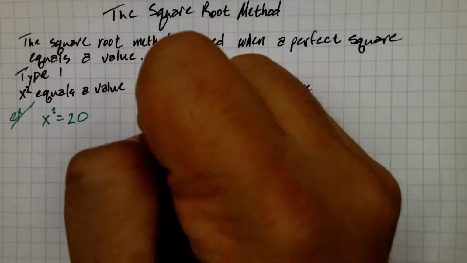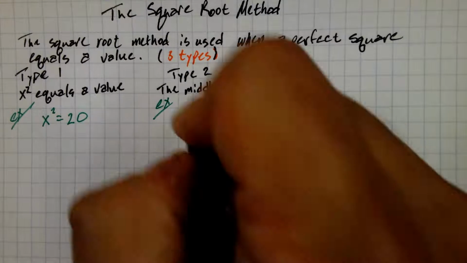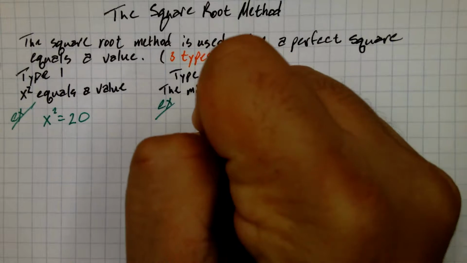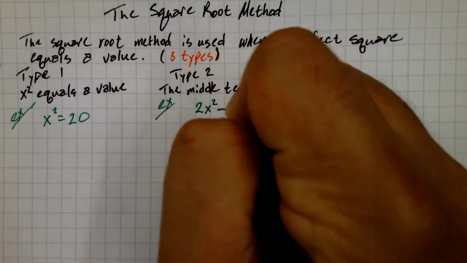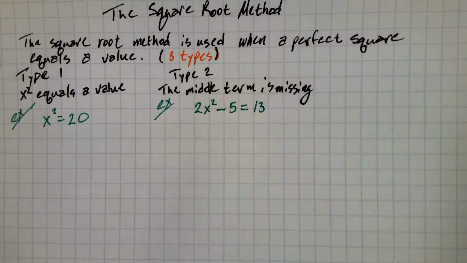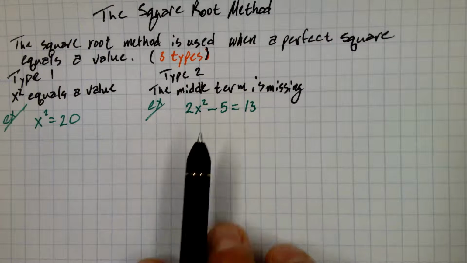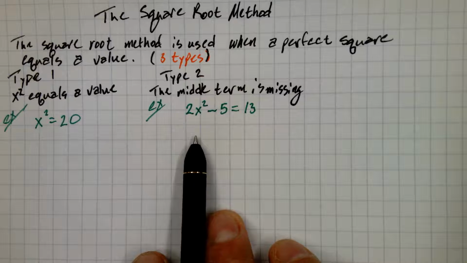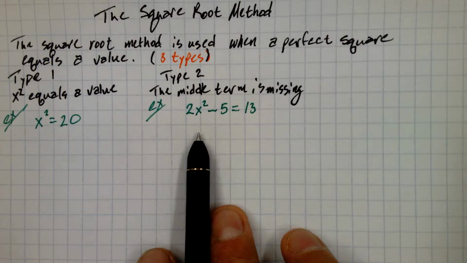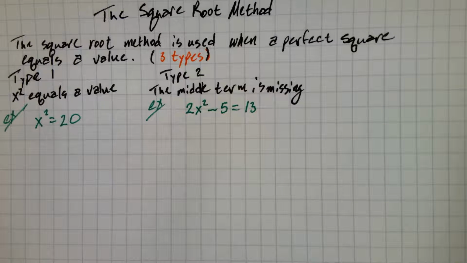Let's look at an example of that. So it would be something like, for example, 2x squared minus 5 equals 13. Write that down. Do you see what I mean by middle term? There's no like 2x or 5x or x. Normally we'd have x squared, then the linear term, something with x. And so the middle term is missing.